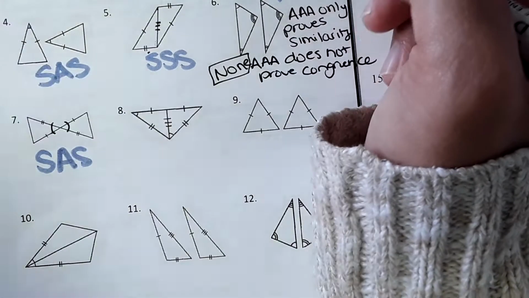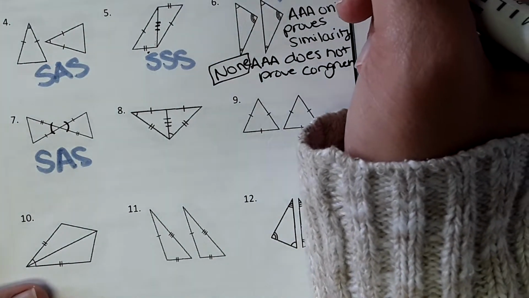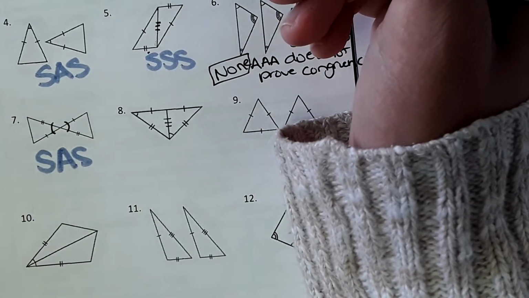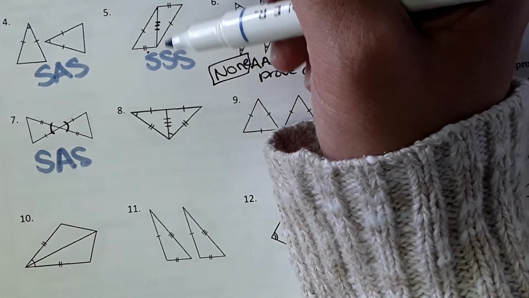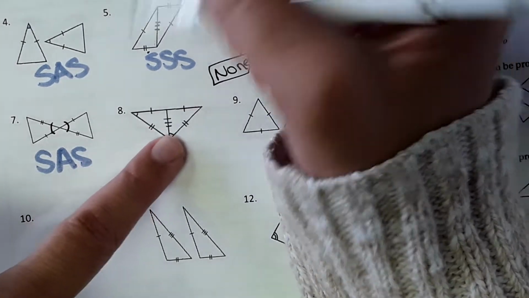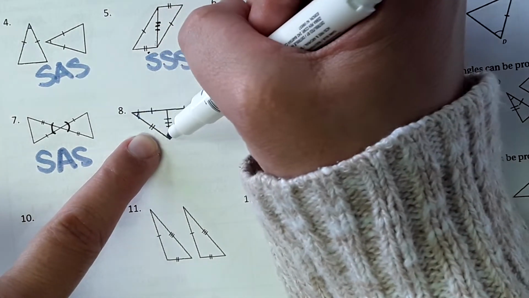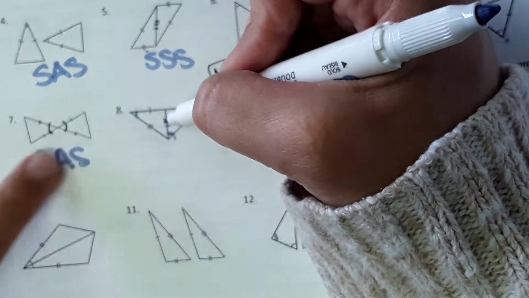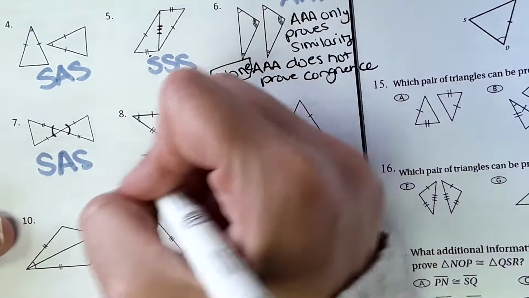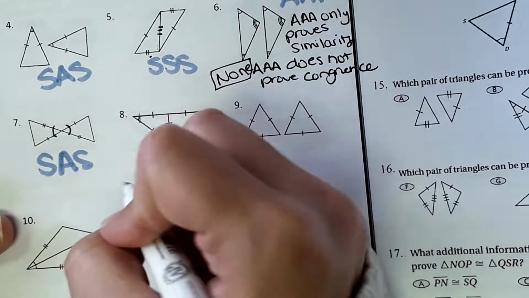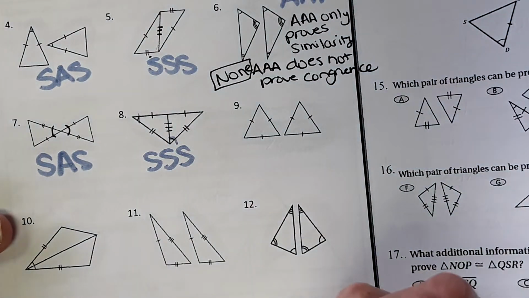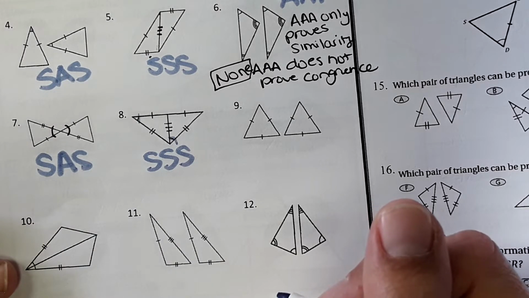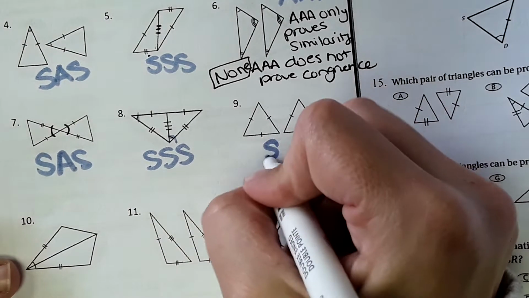Then number eight, there's a lot going on there. We definitely have side, side, side. But does it want side, side, side, or side angle side? I look at where the angle is. This congruent angle to this is in between the 1 and the 2, and this is in between 2 and 3. So I couldn't use side, angle, side here. I'm just going to use side, side, side. And then number 9, side, side, side.